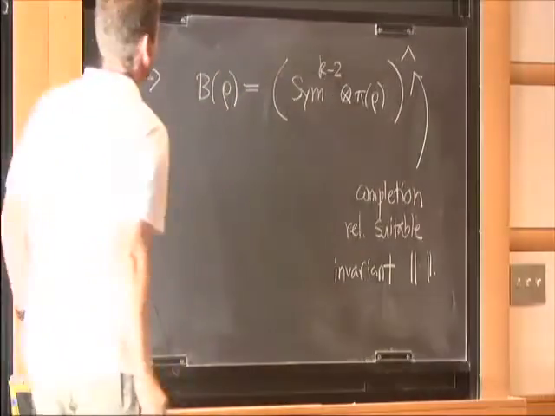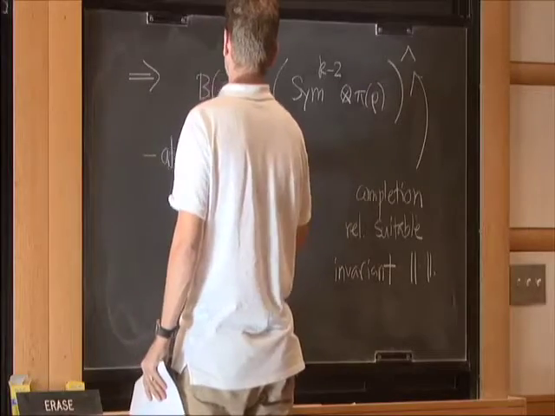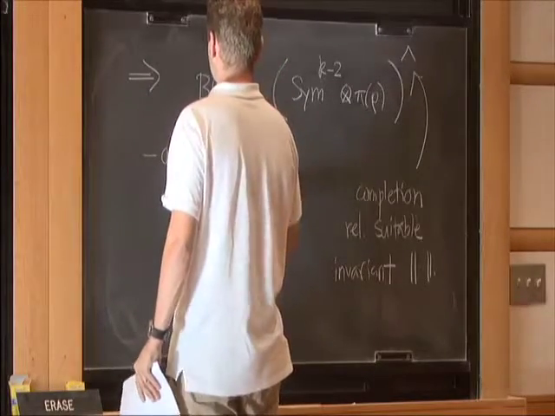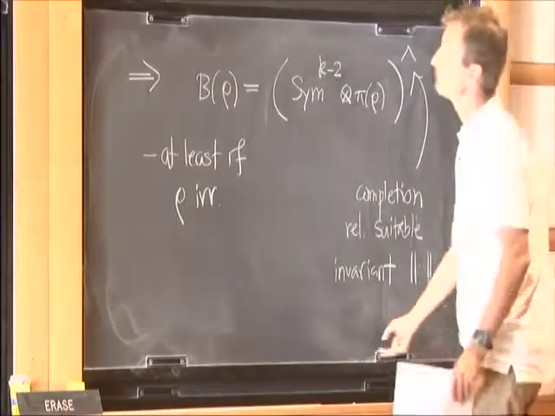At least if rho is irreducible. In which case this is known to be topologically irreducible.